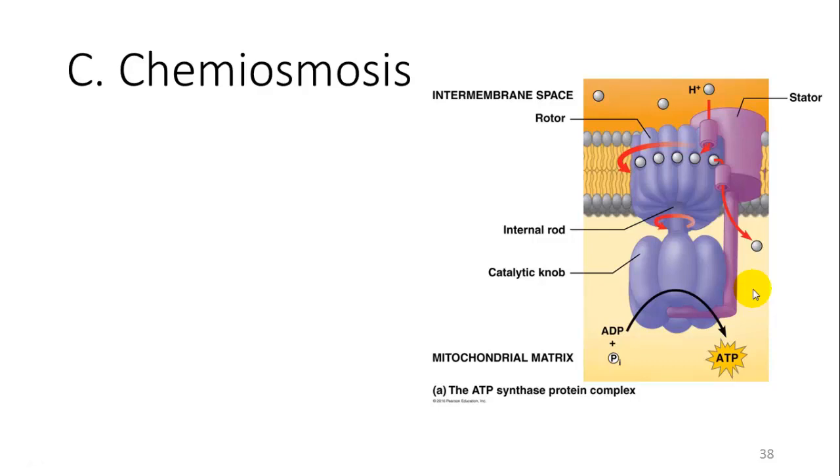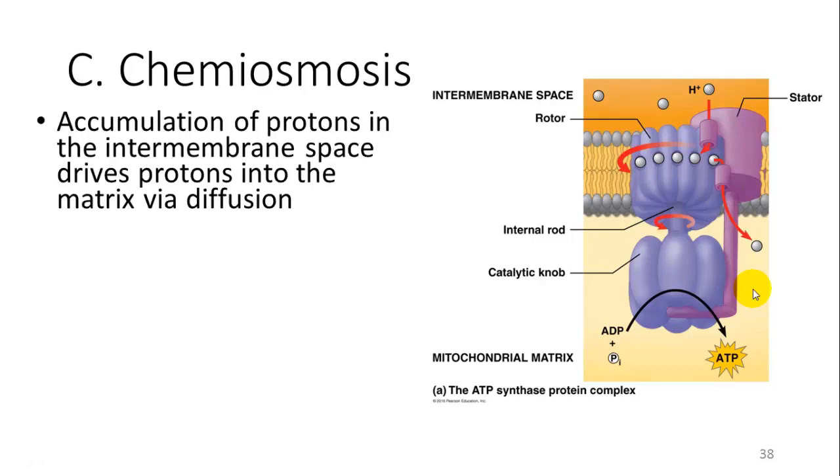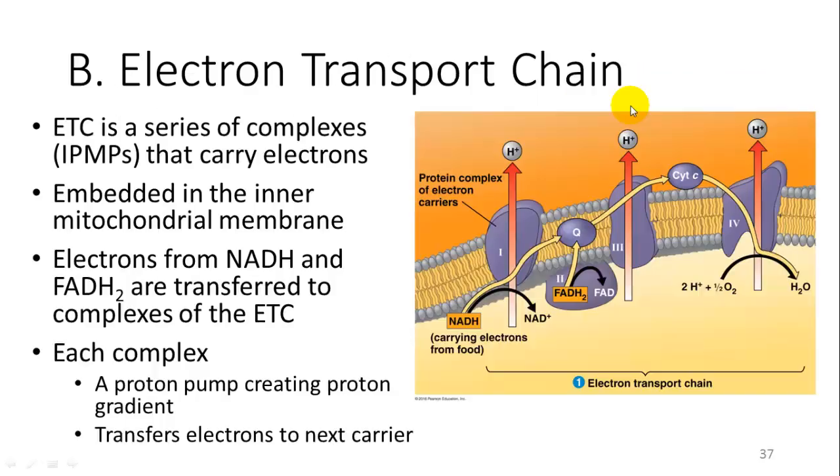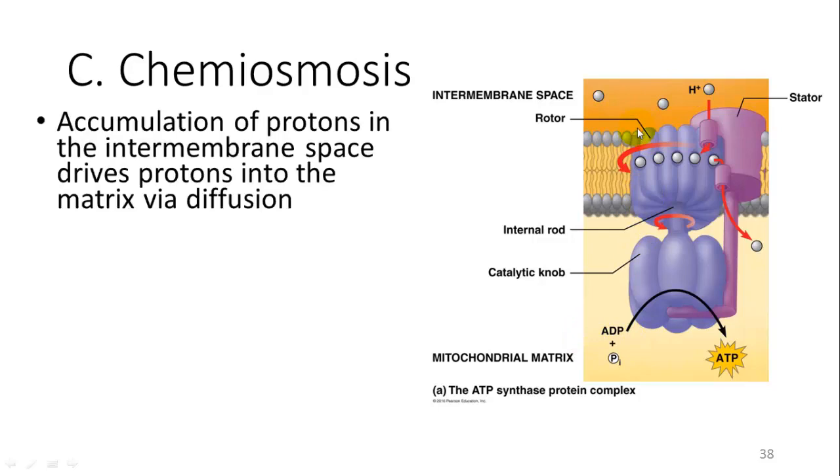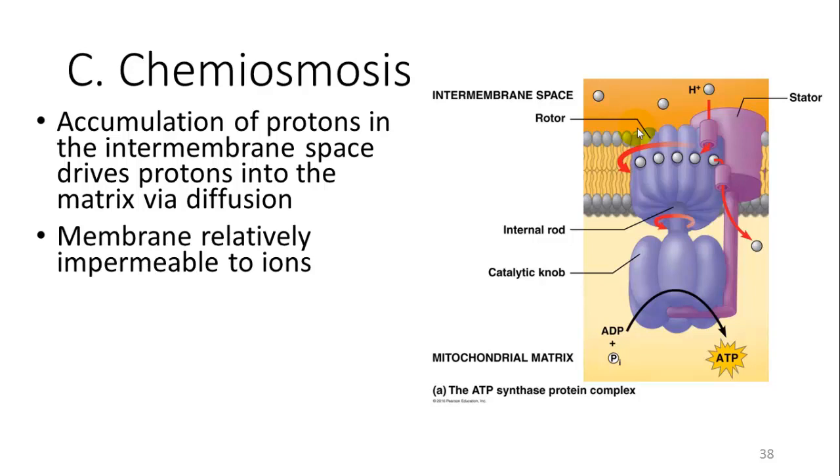So then the last step is, now that you have this accumulation of protons from our proton pumps, those now want to diffuse to the other side of the membrane where there aren't as many protons. So they diffuse through what's called ATP synthase.